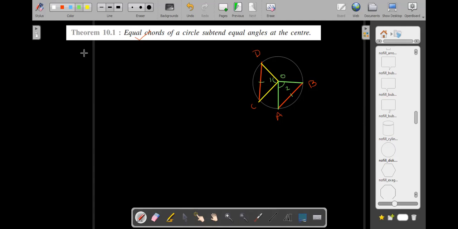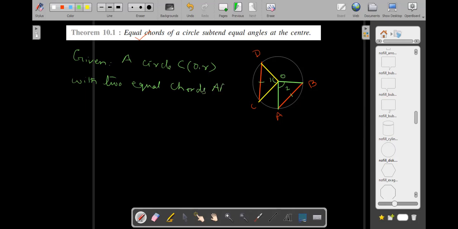Whenever you are proving a theorem, you should write the given conditions. First of all, you will always write like this: a circle C of center O and any radius R, with two equal chords.